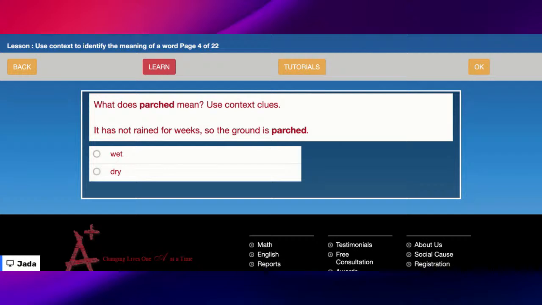So will the ground be wet or will the ground be dry? When it says it hasn't rained for weeks, so the ground is parched, what does that mean? Does it mean wet or dry?